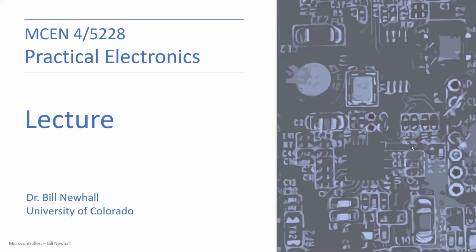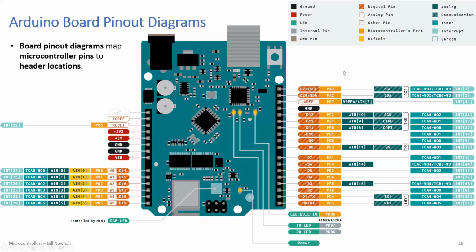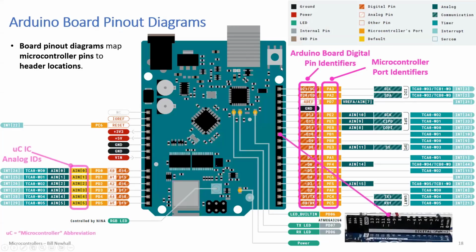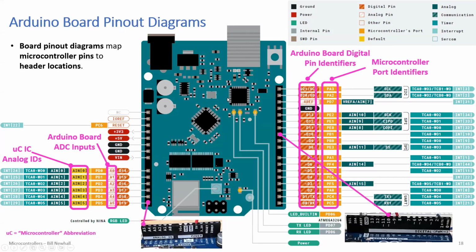Okay, so we're going to go back and look really quick. Last time we talked about the pinout of the Arduino board. And this board is typical of development boards or evaluation boards where you have headers where you can access signals. There's a microcontroller with supporting electronics, so you don't have to do much to get the microcontroller running and program it.